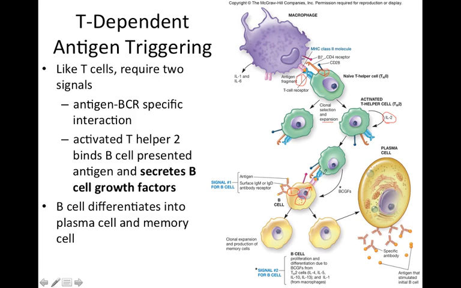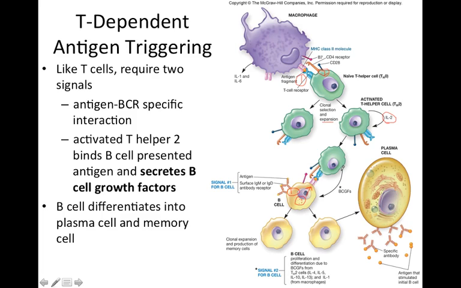And so this T helper cell is recognizing antigen in MHC class 2 on the B cell. B cells are antigen presenting cells. I told you that before, a few slides ago. And what recognizes that is this CD4 molecule, which recognizes the MHC class 2.